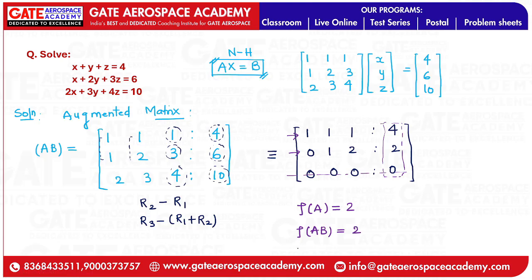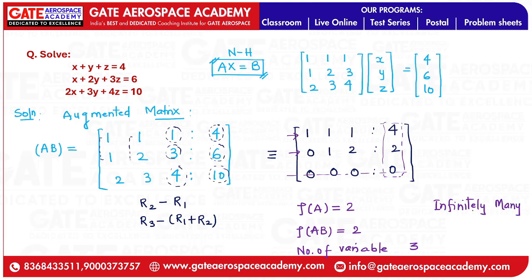Now here, how many variables are there? The number of variables is 3. Okay, so if you remember the table we started with, we said that if rank of A equals rank of [A | B] is less than the number of variables, then this is the case of infinitely many solutions.